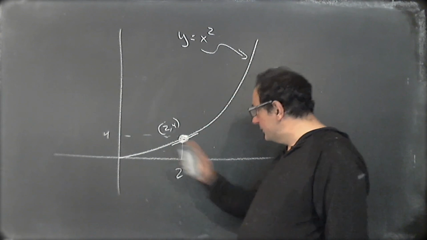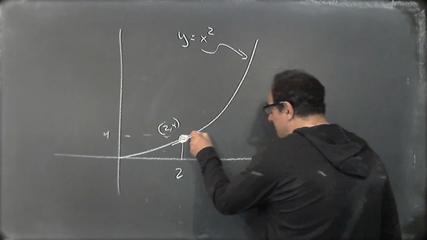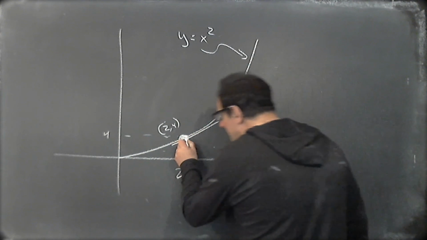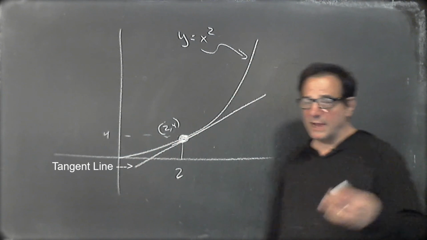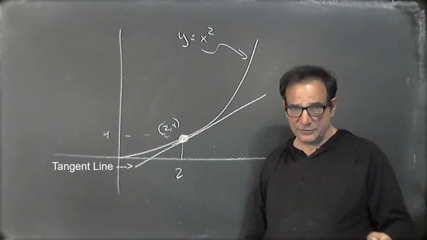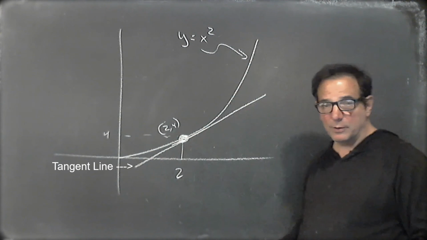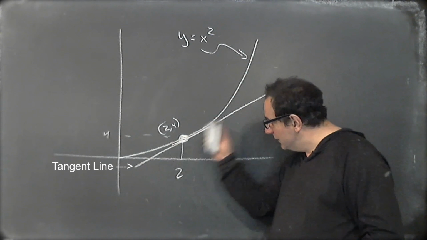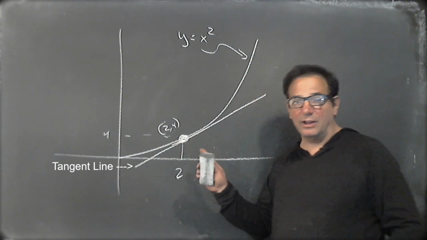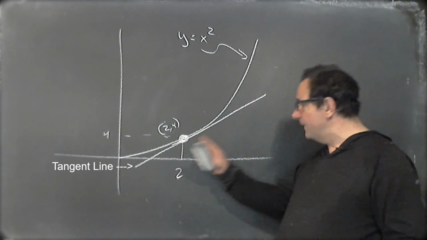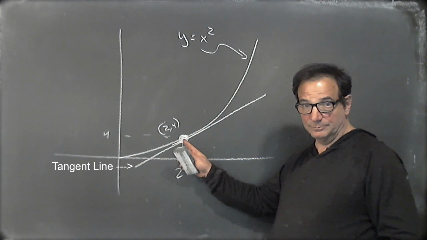Indeed, we're going to draw a line that extends from this point. The name of this line is the tangent line, borrowed from the ancient Greeks who drew tangents to circles. So we have a tangent line which hits this curve in one place, and that line represents the slope of our skis, and we're going to use that line to define the slope of the curve at the point.